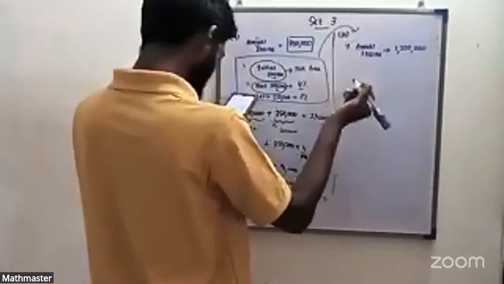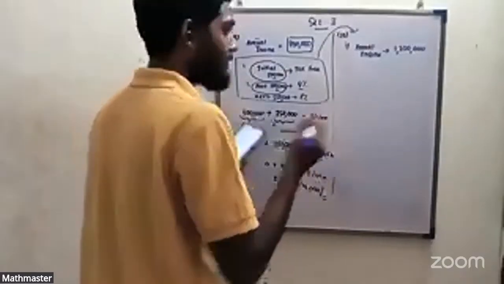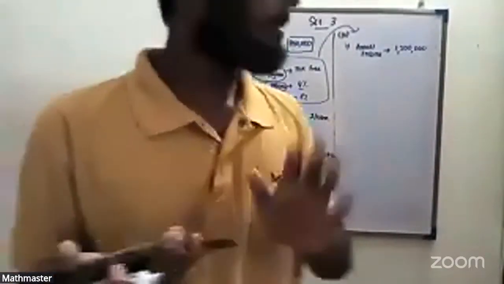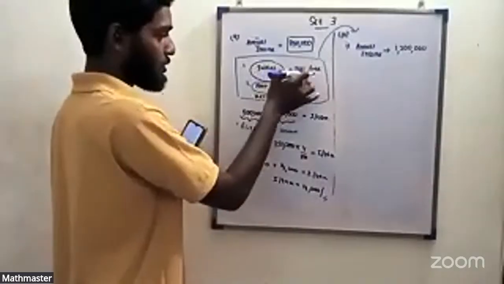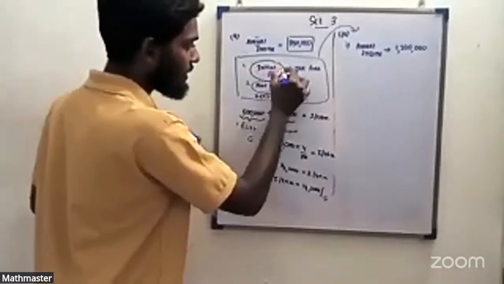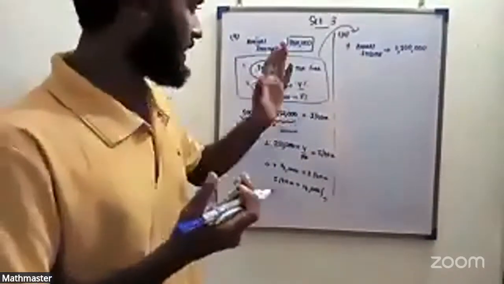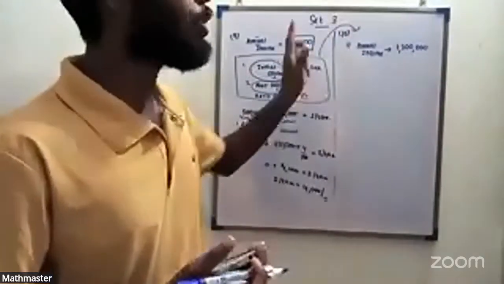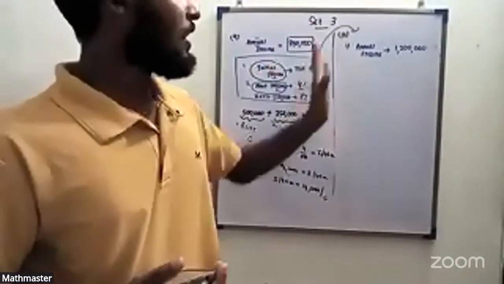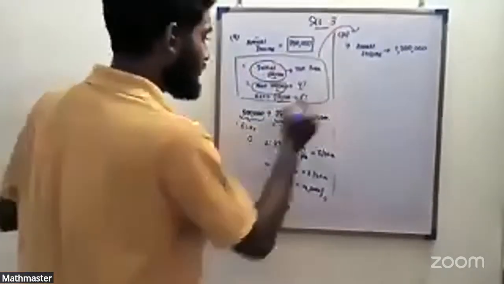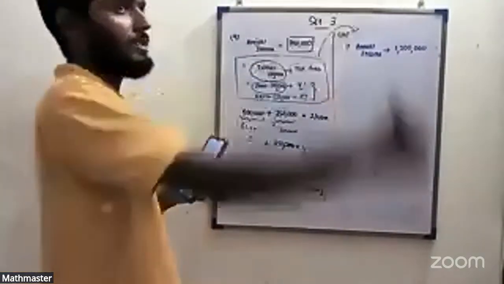Part 1. What is the taxable income of Ranjit? Taxable income means what? Now listen, in this chart the first 500,000 is tax free. That means for the first 500,000 you have no tax. Then the taxable income starts from the second 500,000 onwards.